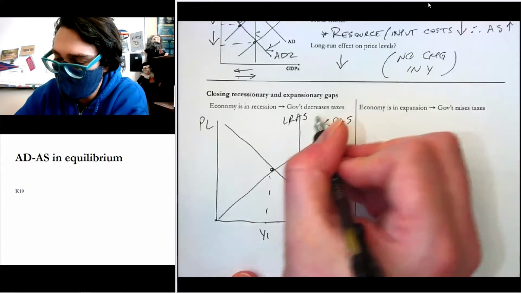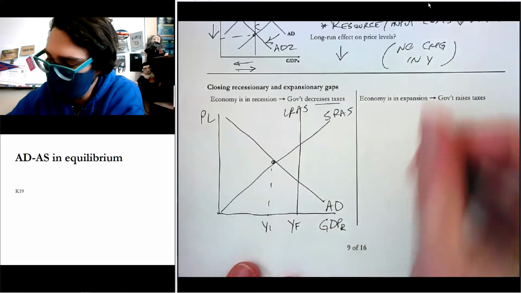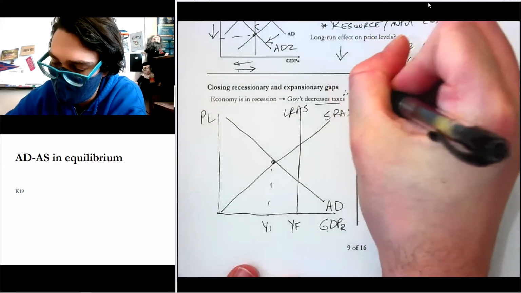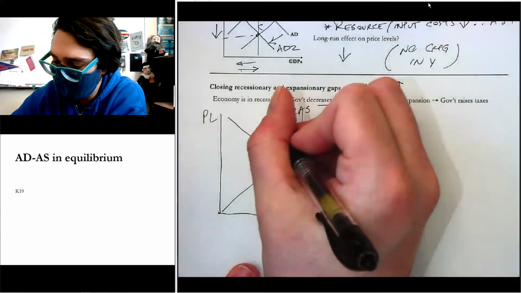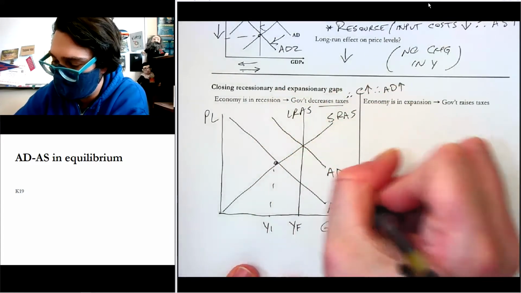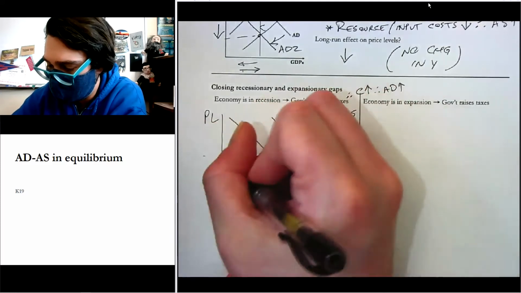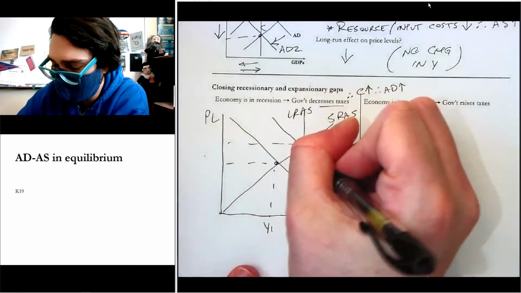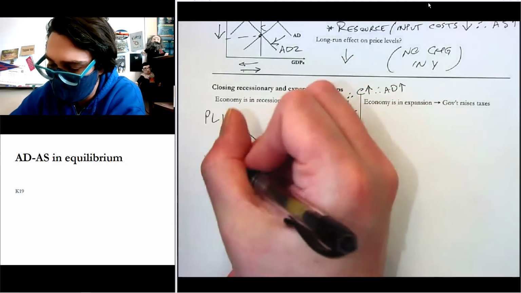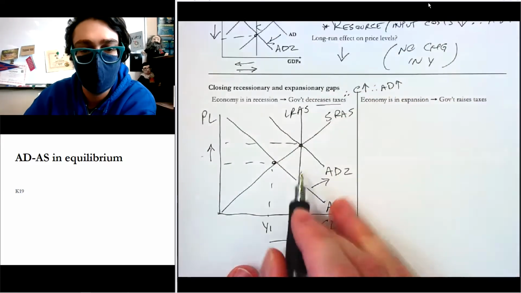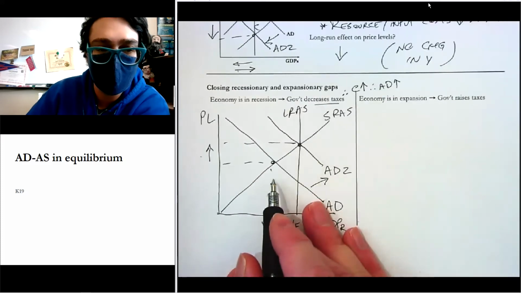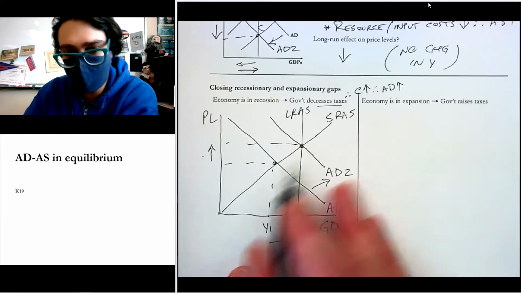Well, the government could cut taxes. If they cut taxes, consumption spending would rise and aggregate demand would rise. And so we could just push that aggregate demand right back up to where it used to be. If the problem was that we started with the recession, and maybe it was because aggregate demand went down, this just fixes that, right?